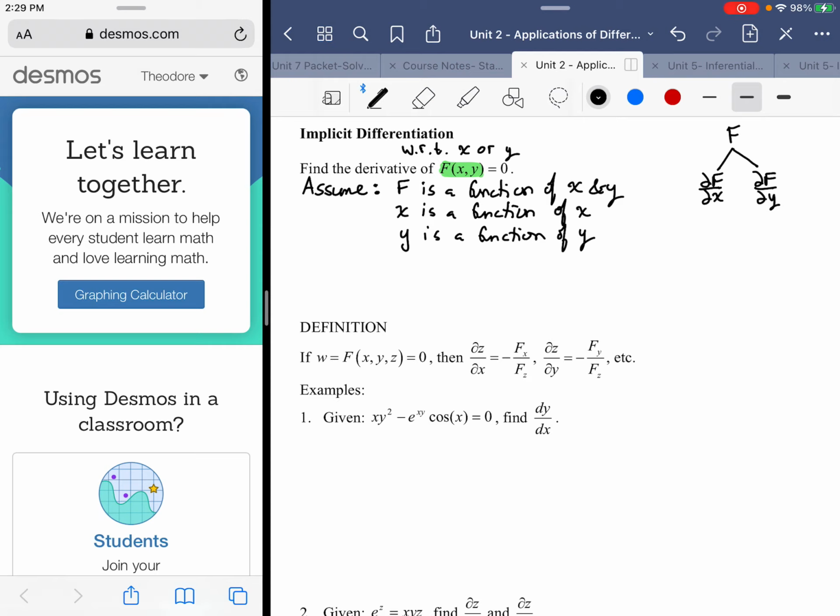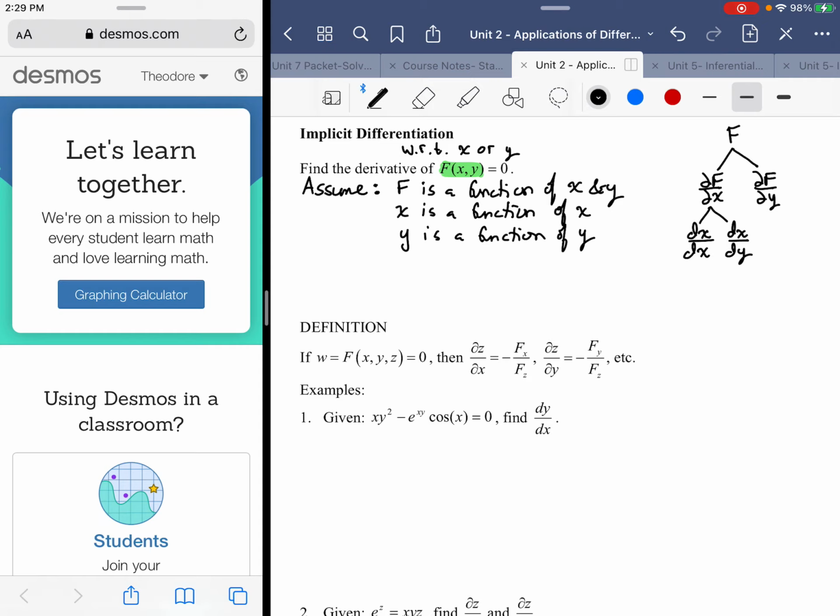But then from there, I can take the derivative of x with respect to x, or the derivative of x with respect to y. It wouldn't be a partial derivative anymore because it would be a function of a single variable. So in this case, since it's not multivariable, I would just simply write it as, well, I'll go with the x part first: dx dx or dx dy.